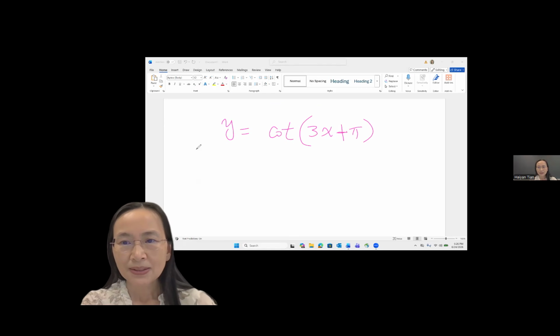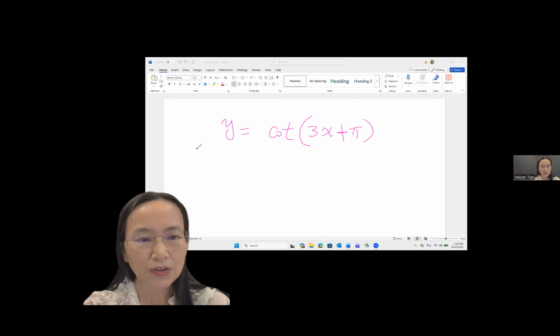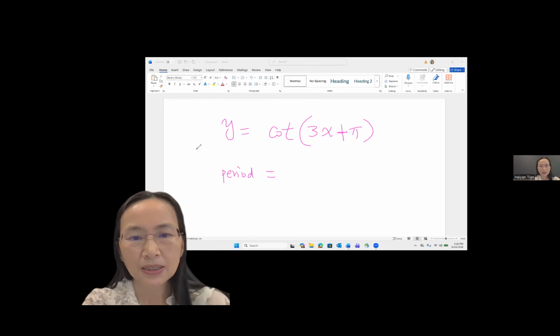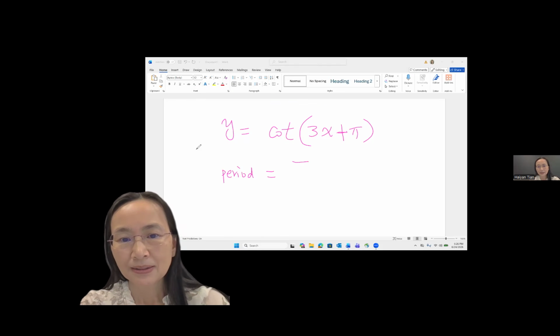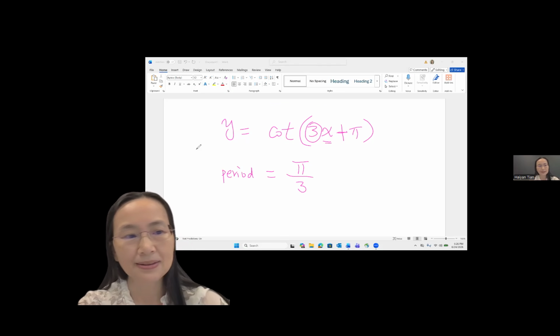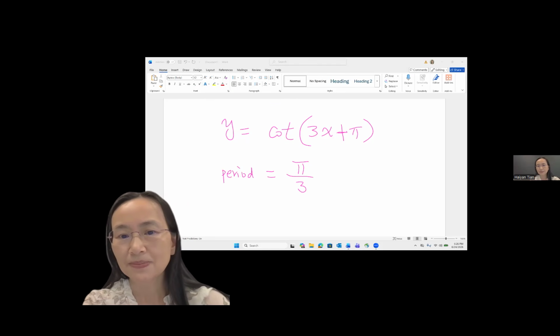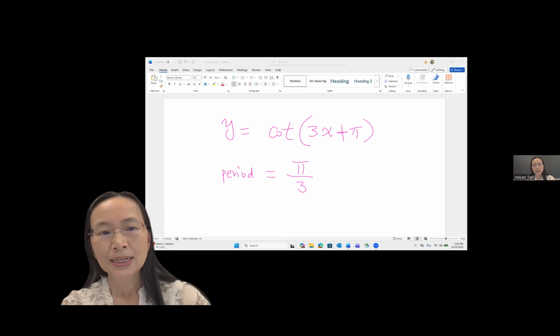So tell me the period and phase shift. So first, period can be quickly determined by pi over 3, right? So I just look for the coefficient in front of x. So that number will determine the period of the given cotangent function. Yeah, pi over 3.